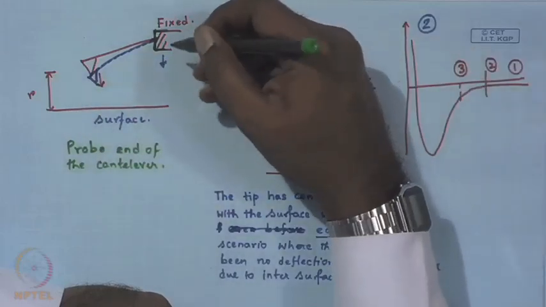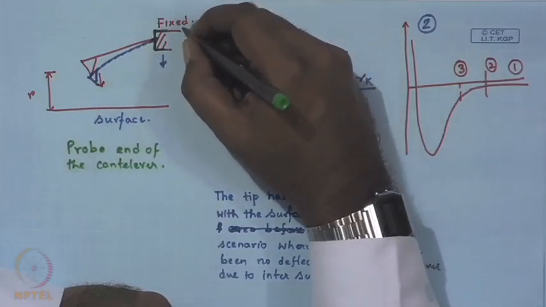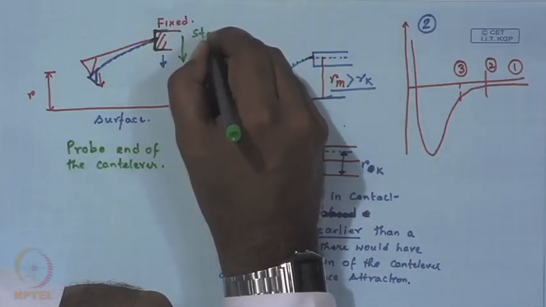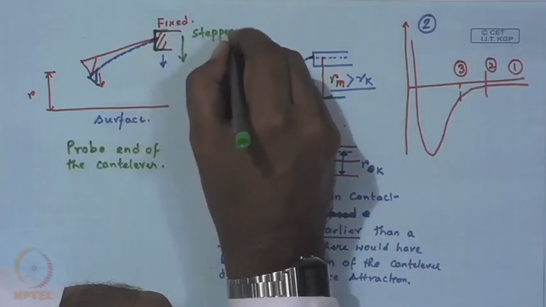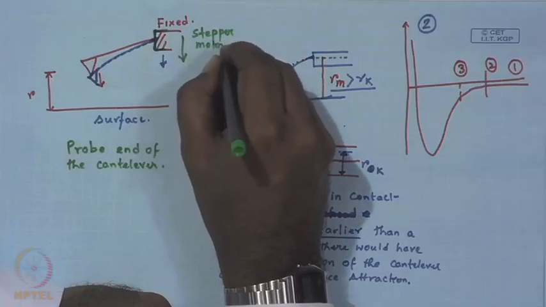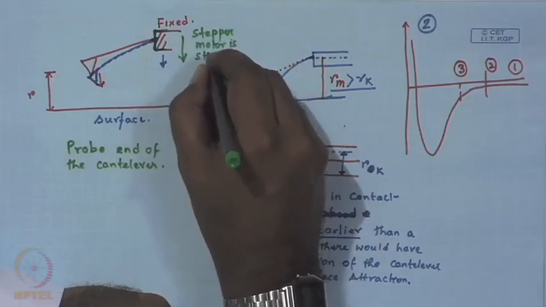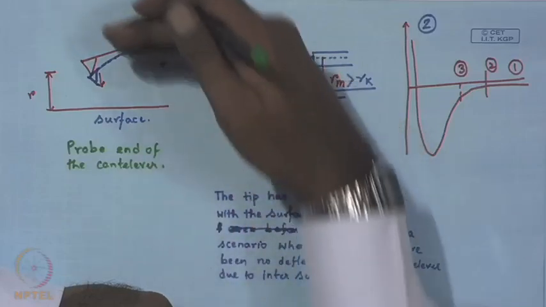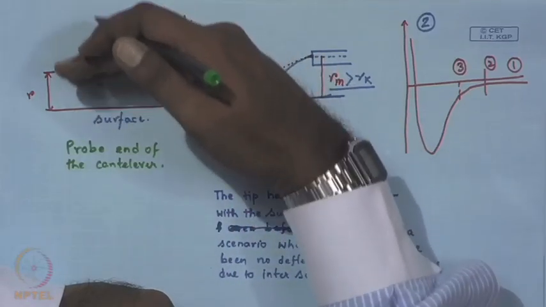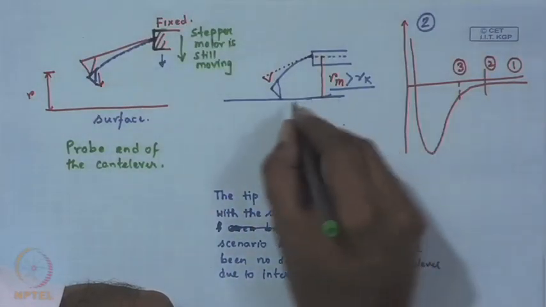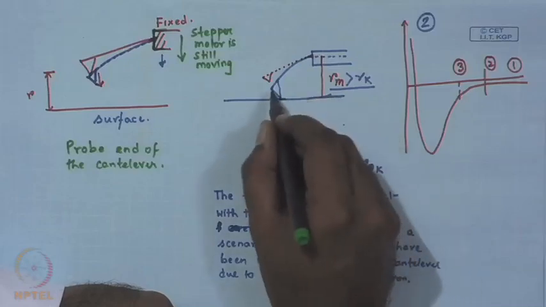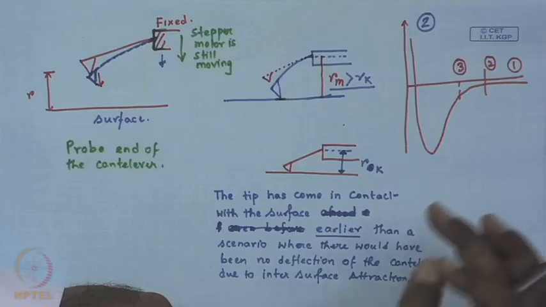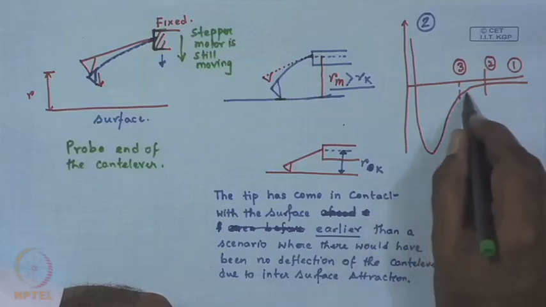And simultaneously you must realize that the stepper motor is still active. It is still moving in the vertical direction. So, this whole thing progressively comes closer to the surface, and eventually there is a point where the deflected probe tip, this deflection is originating because of this intersurface attraction.